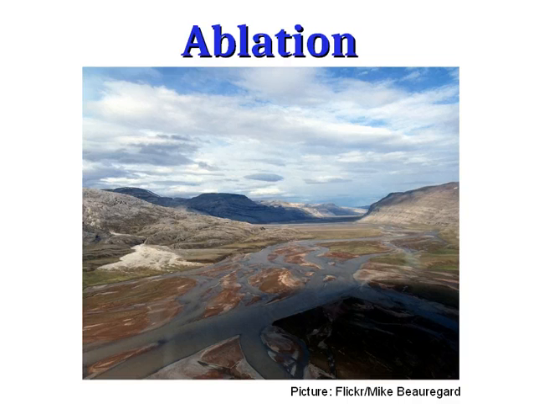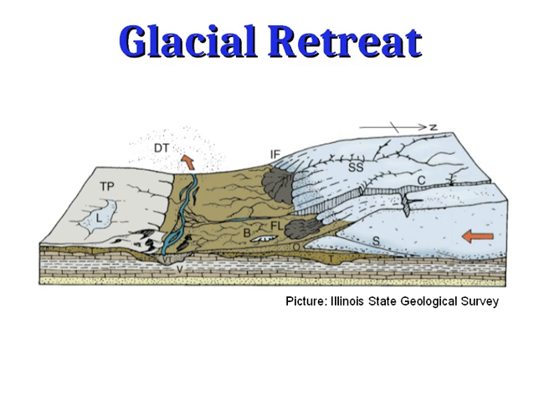The advance and retreat of glaciers is based on the balance between accumulation and ablation. So when that ablation is happening at a high level, the glacier starts to melt away. And so the front of the glacier melts back, and so the glacier covers less and less land, and that's called glacial retreat.